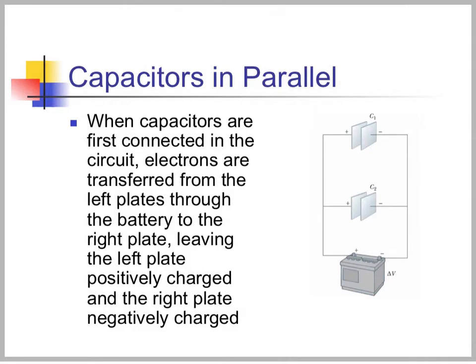So, I can hook up various objects in two different ways, parallel and in series configurations. Let's talk about what parallel means. When I have capacitors connected in a circuit, electrons can be transferred from the left plate through the battery to the right plate, leaving the left plate positively charged and the right plate negatively charged.